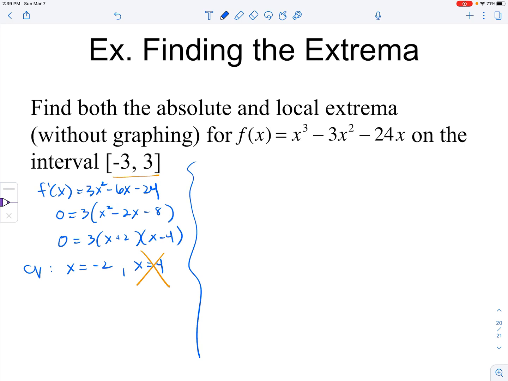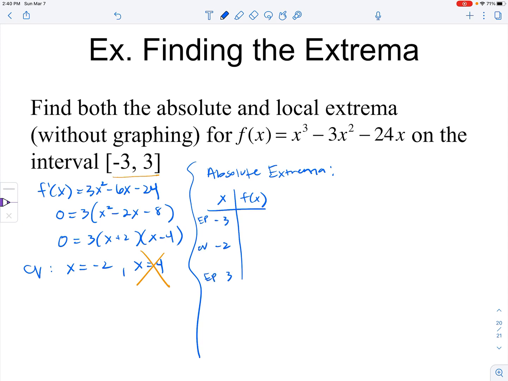Okay, so now to identify the absolute extrema, and if you want to use global, you can. So the absolute extrema, we're going to make a table. x comma f of x. I'm going to put the endpoints of the interval as well as the critical values that lie on that interval, and we just have the negative 2.